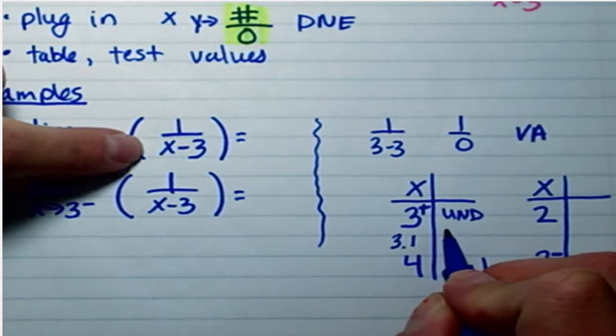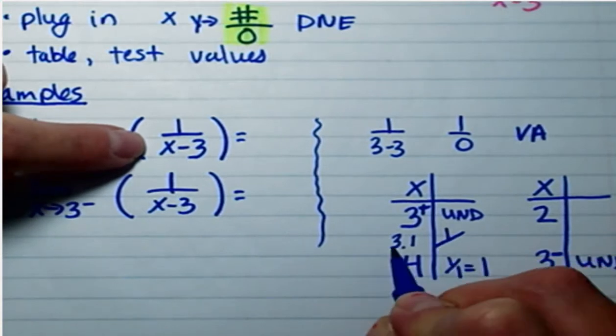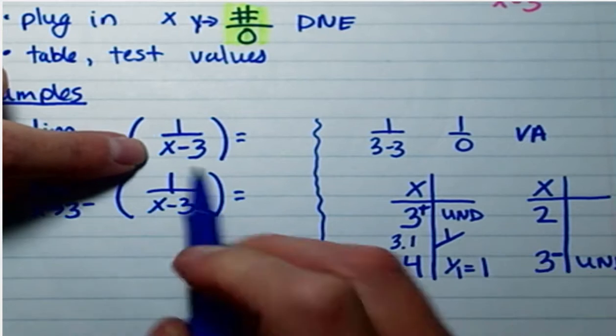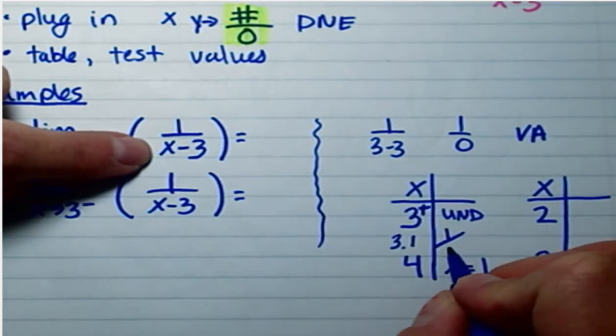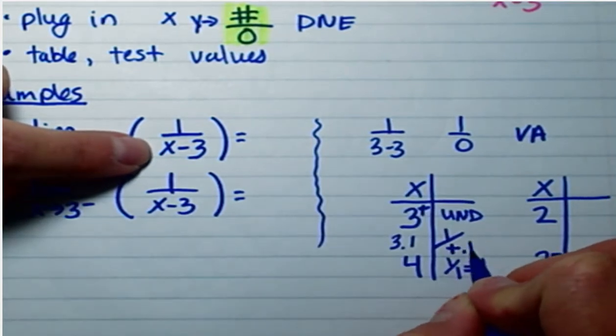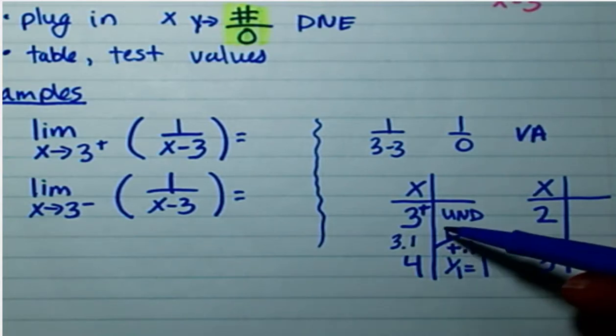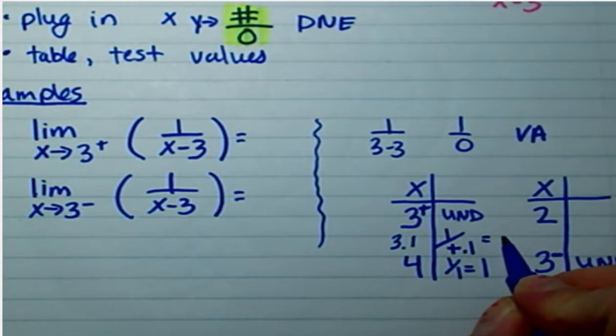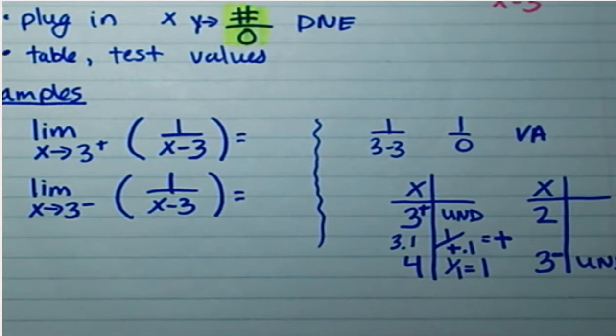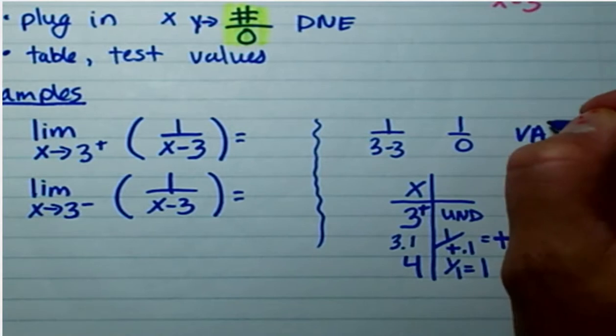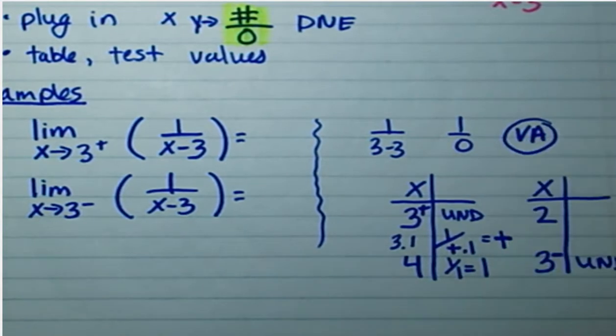All right, so if I go like this, 1 over, what's 3.1 minus 3? It's positive 0.1. I want you to put the plus, because the signs are important. What is a positive divided by a positive? Positive. We already know that it's a vertical asymptote.